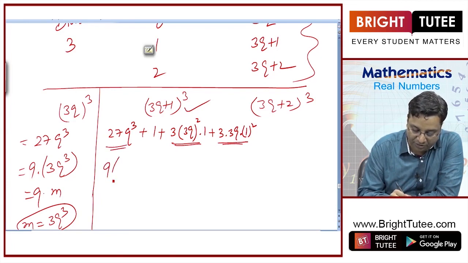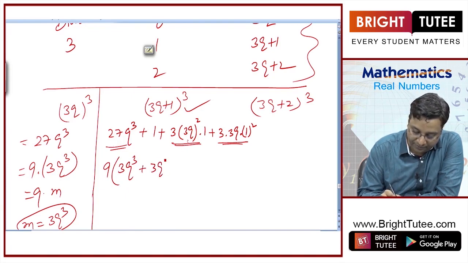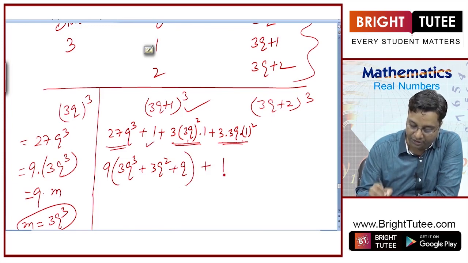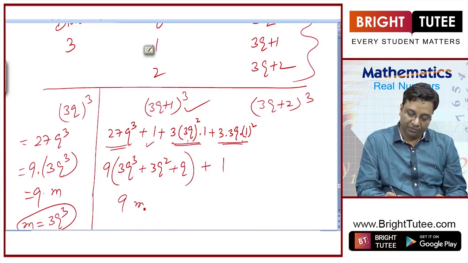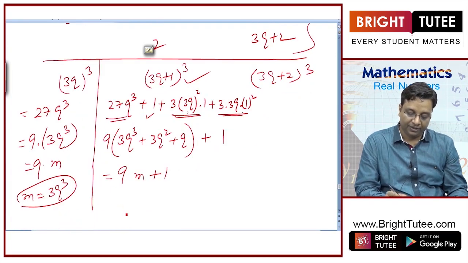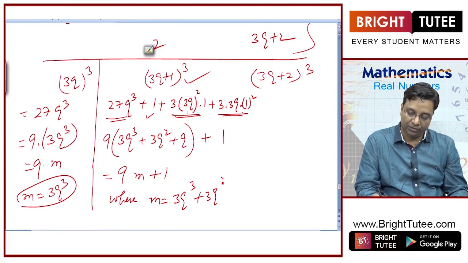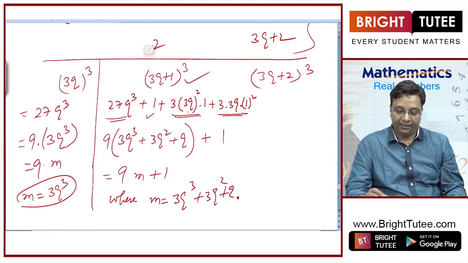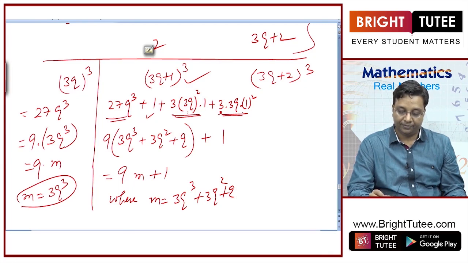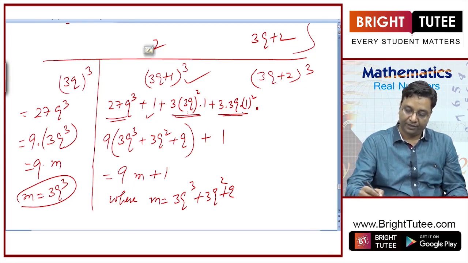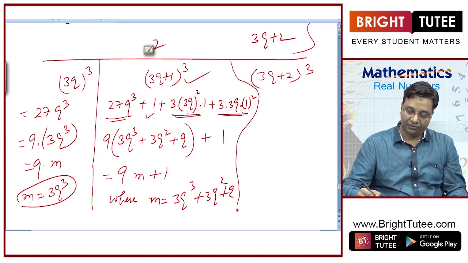So, take 9 as common, this will give us 3q cube, this will give us 3q square, and this will give us q, right, and this 1 remains outside. So, this can be written in the form of 9m plus 1, where m is equal to 3q cube plus 3q square plus q, right. Okay. So, this can again be written in the form of 9m plus 1.